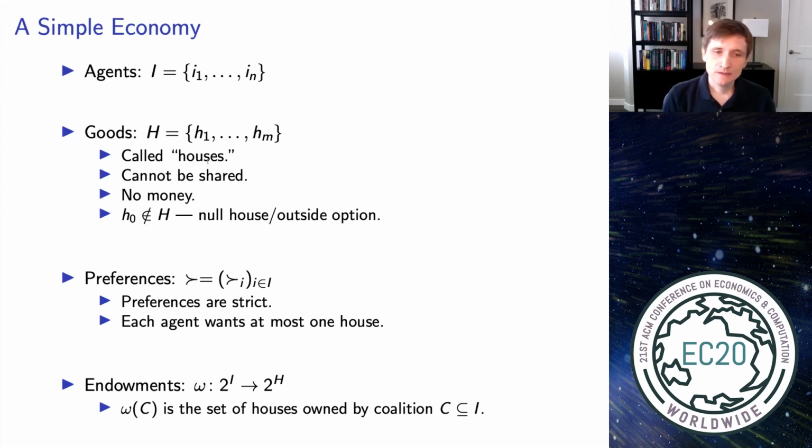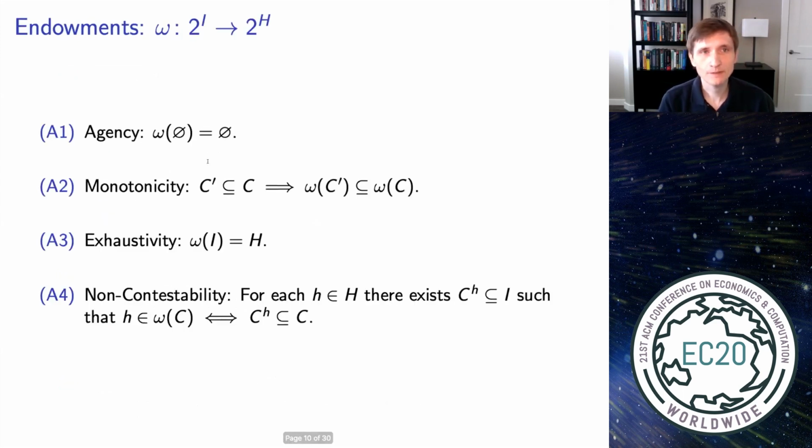Finally, we introduce this idea of endowments, which we will model as a function that will describe what each coalition owns. Let me tell you a little bit more about what this function's properties are. An economy's endowment system just assigns to each set of agents a set of houses that they own, and it satisfies four natural properties.